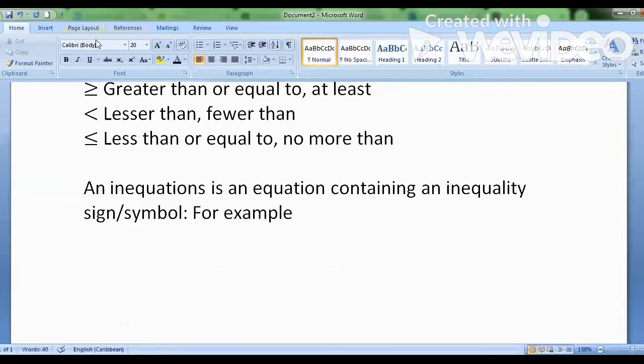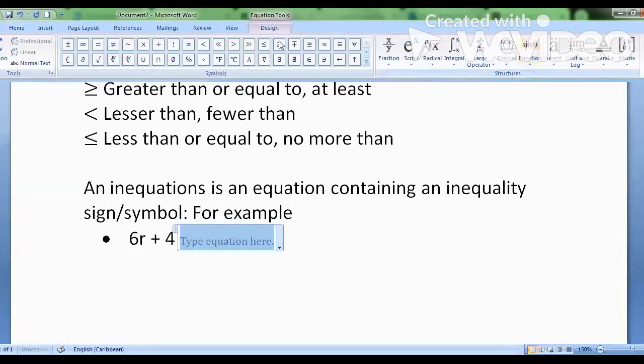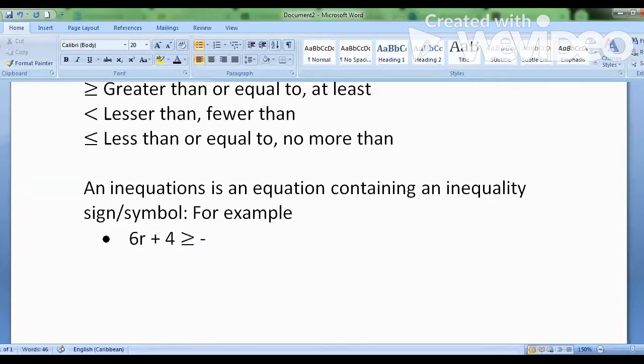So for example, notice, it's just a regular equation too. But rather than having equal, you have what? Greater than or equal to.